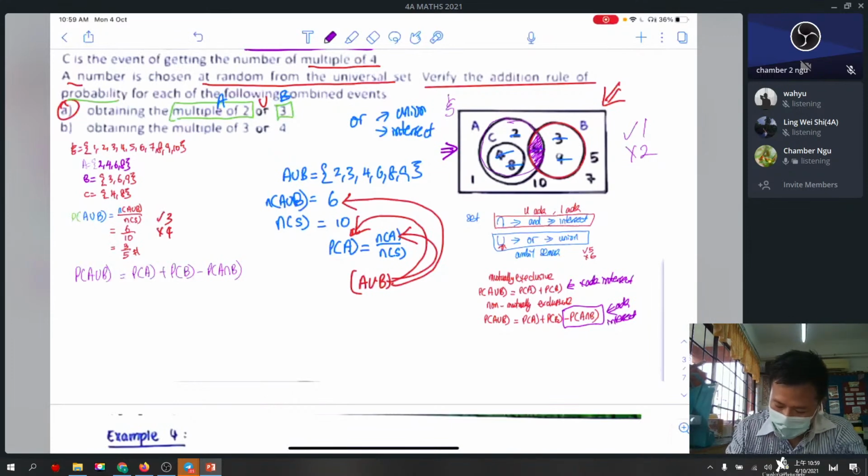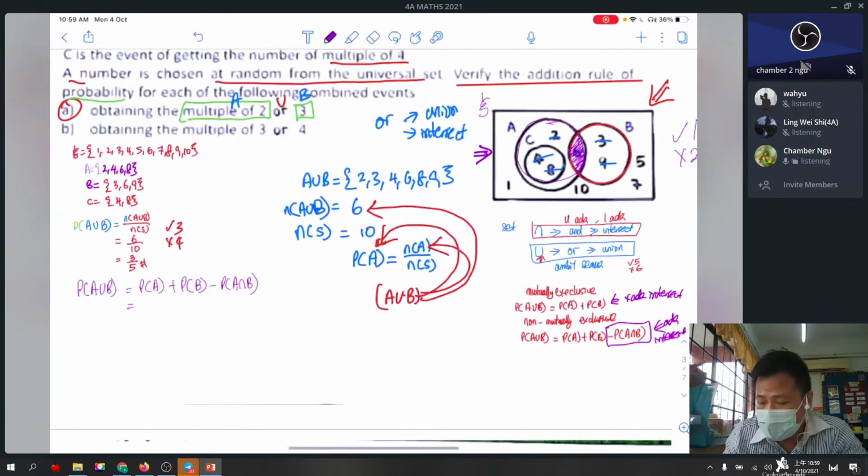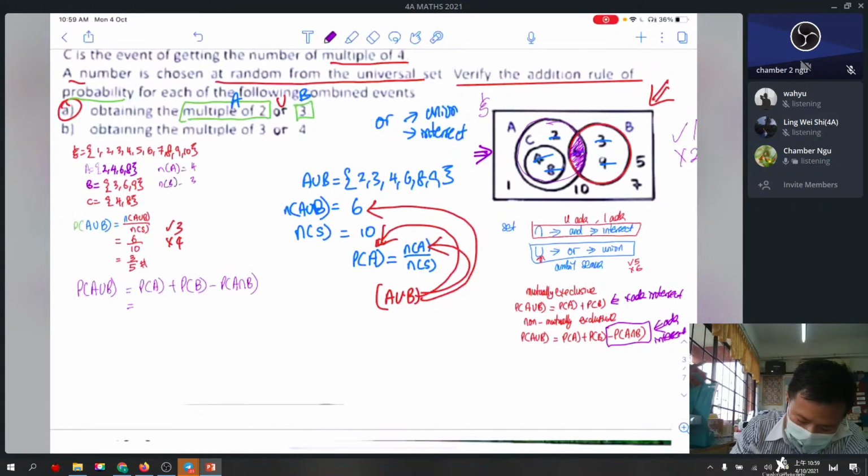Okay. Now continue. So actually very clear this is non-mutually exclusive. So kita cuba tengok lah. Okay, the probability of A. So that means the number of the set A. You see, number element of the set A is 4. Number of the element in the set B is 3. So probability to get A is 4 over.